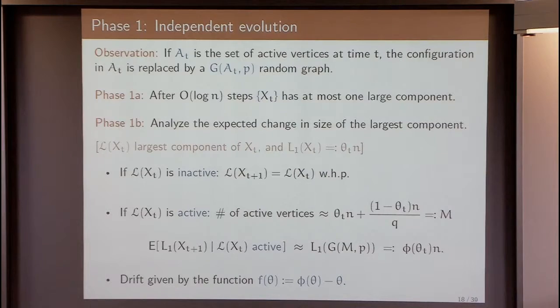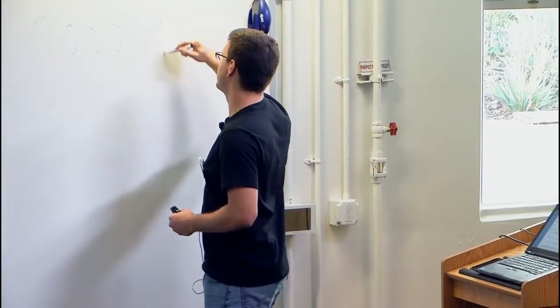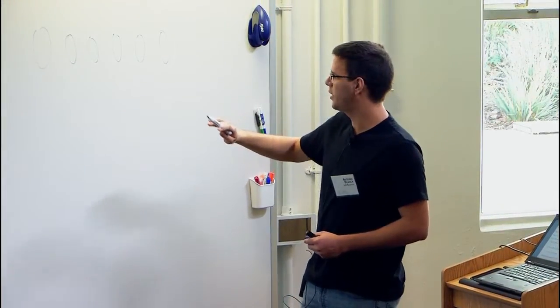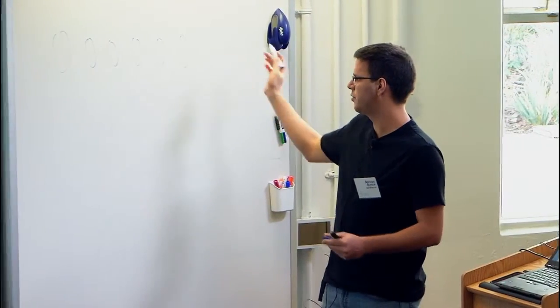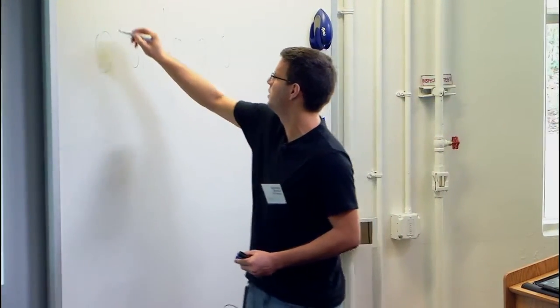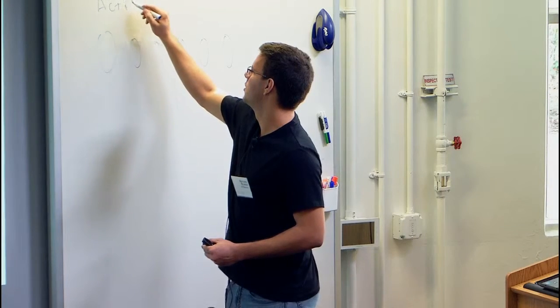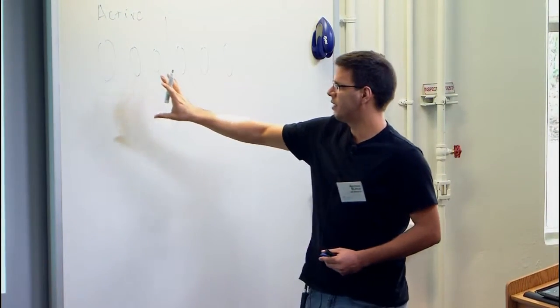Okay. So here is an overview of the first phase, and here the key observation is that I'll draw a picture here. So you have some random cluster configuration. So these are the components. And in the first step, I activate a fraction of the components, these ones here, and this is the CM step.